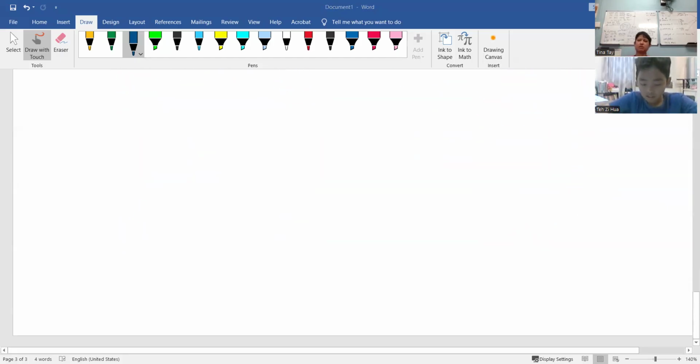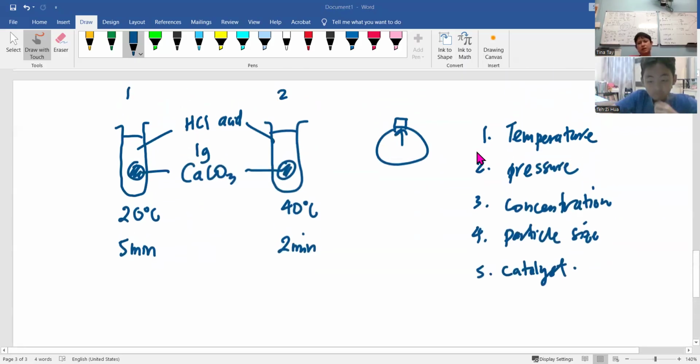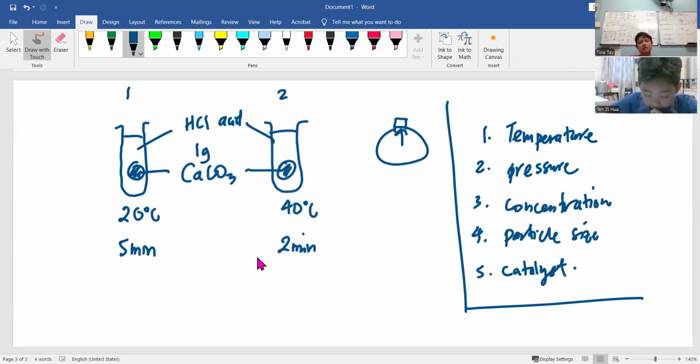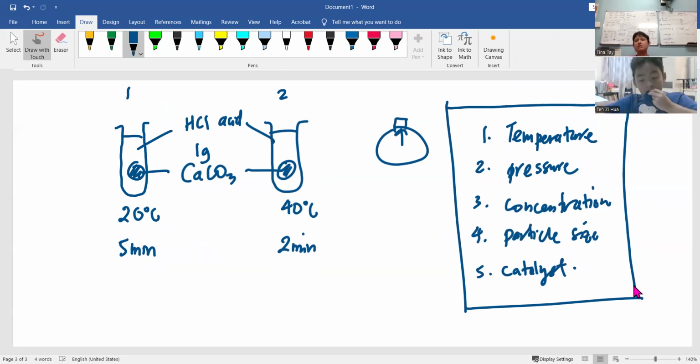All right. So let's look at this simple one. So this one is obviously about temperature. Okay. Now, before we get into detail, let's just do something simple. If the temperature is higher, do you think the rate is higher? So basically faster or slower?